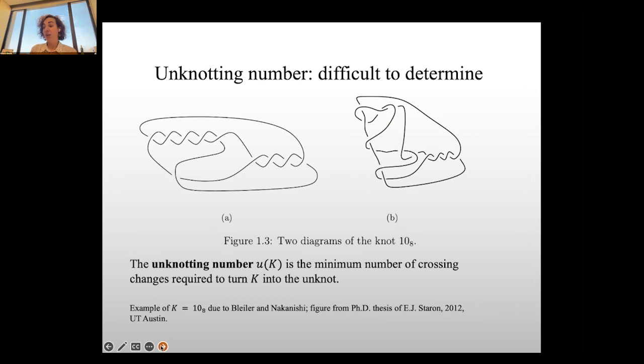The 10 crossing knot, if you go to a much bigger diagram, has unknotting number 3. But all minimal crossing diagrams have unknotting number 4. So it's not the case that, even for such a small knot, 10 crossings isn't that much, but even in the case of 10_8, you cannot see an optimal set of crossing changes in a minimal crossing diagram. So it's very subtle.